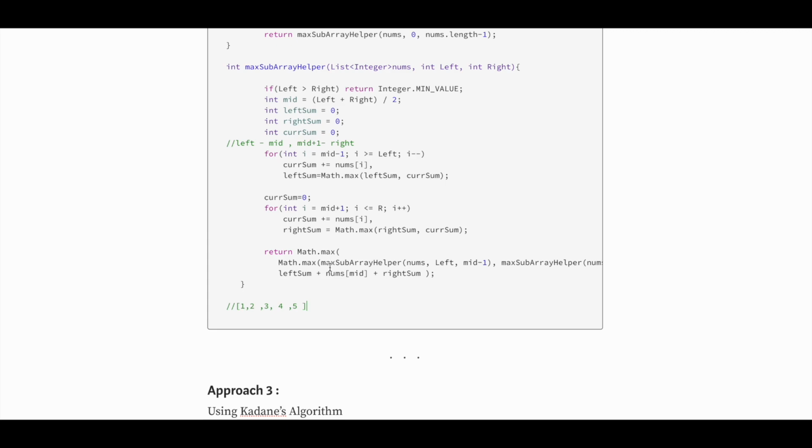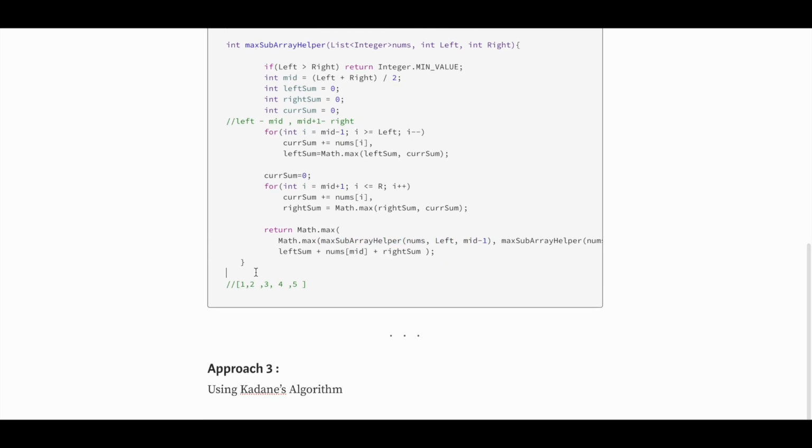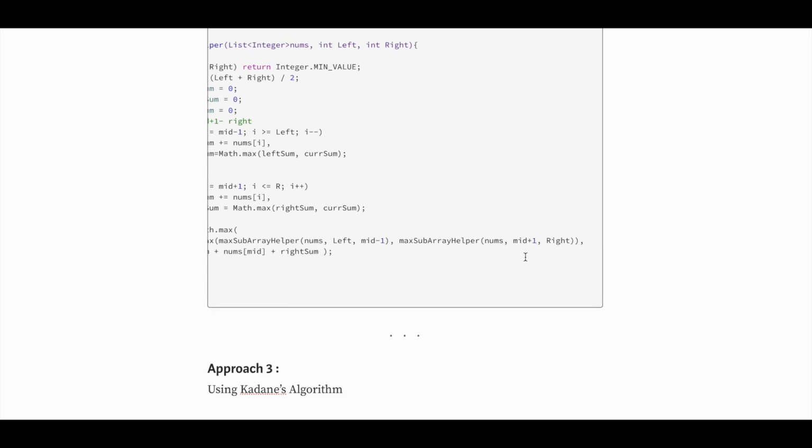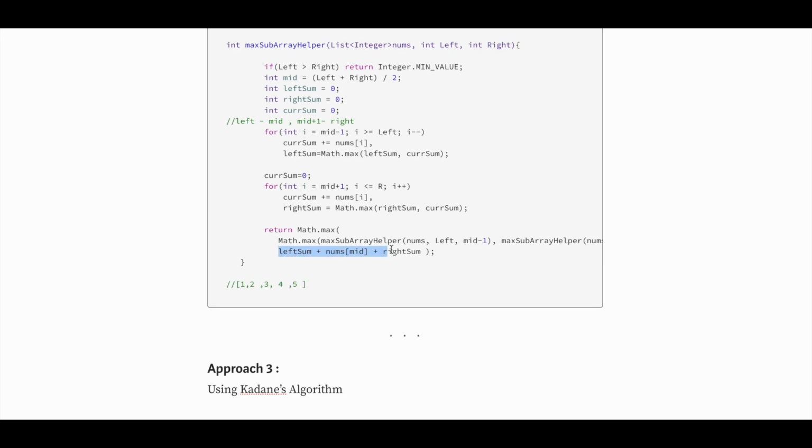Then you need to make a recursive call and find the maximum of left to mid. You recursively call this, and again recursively call from mid plus 1 to right, and meanwhile you also have to compare it with left sum plus right sum. Basically, let us suppose your maximum subarray sum is lying somewhere across the middle, covering both left and right, so this will give the answer.